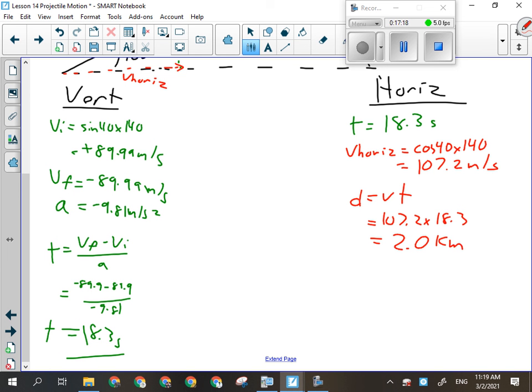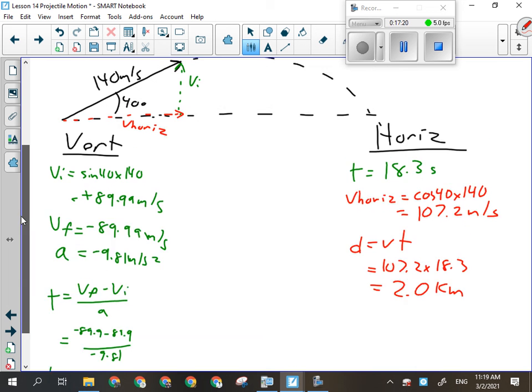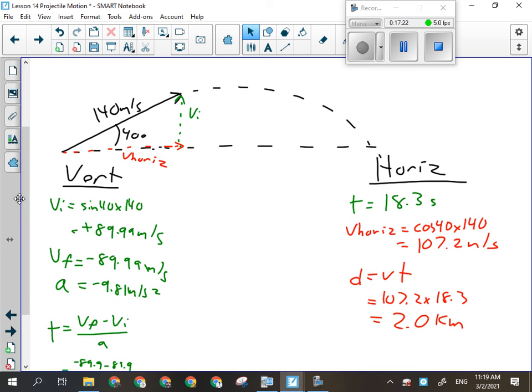All right, now I've got to calculate the maximum height of the cannonball, which we know occurs here. What's VF at this point? 0. So I'm going to calculate D using this formula, VF squared equals VI squared plus 2AD. But then I'm going to show you that this other formula will also calculate it.